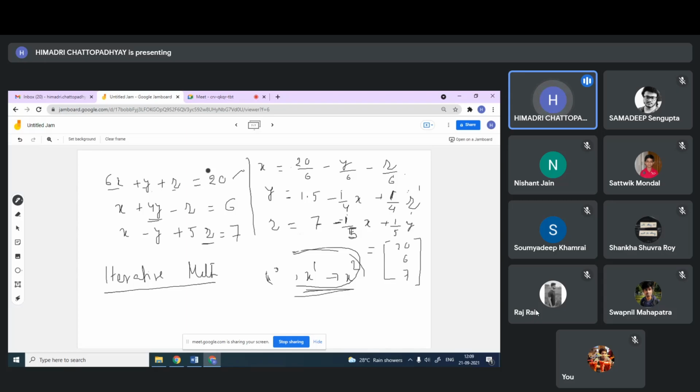Of course, you don't write 1 by 5, you write 0.2, or you calculate 20 by 6 like 3.333, because fractions you cannot operate with on a calculator or computer programming. I am just writing this for the value only. So formally you should write 20 by 6 as 3.33 like this. So that means you have developed equations for x, y and z.